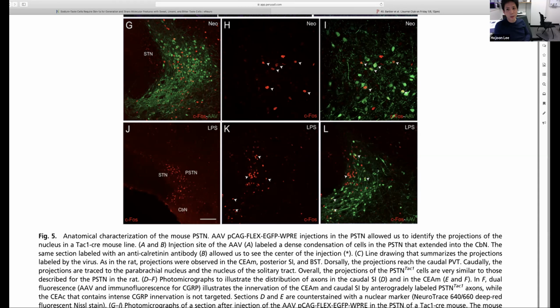And if some of these were taste dependent, not even sweet, but just some taste information, then G to I seems to show more overlap than the LPS. So maybe for the taste part, TAC1 is not too bad.